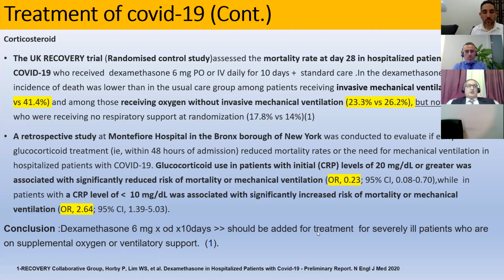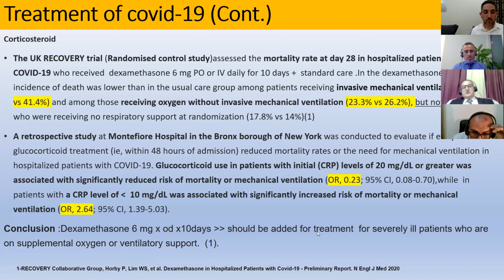There is another retrospective study from Montefiore Hospital in the US. They found in this retrospective study that using corticosteroid for COVID with initial CRP more than 20 milligram per deciliter showed a significant reduction in the risk of mortality and the need for mechanical ventilation.